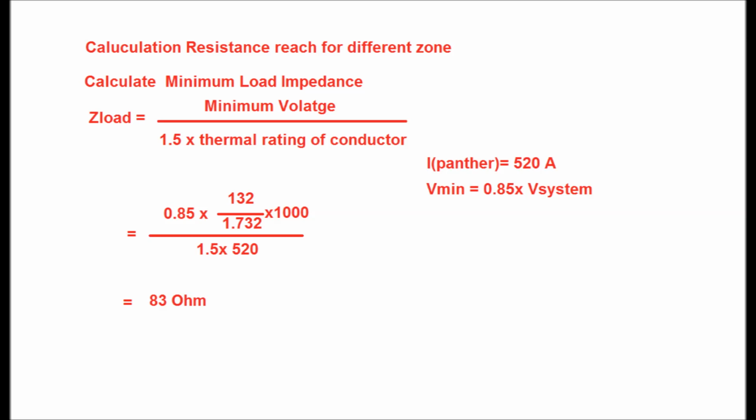Here the system voltage is 132 kV. Therefore Z load comes as 0.85 into 132 by root 3 into 1000 divided by 1.5 into 520, which comes as 83 ohm. So Z load, that is the minimum load impedance, comes as 83 ohm in primary value.